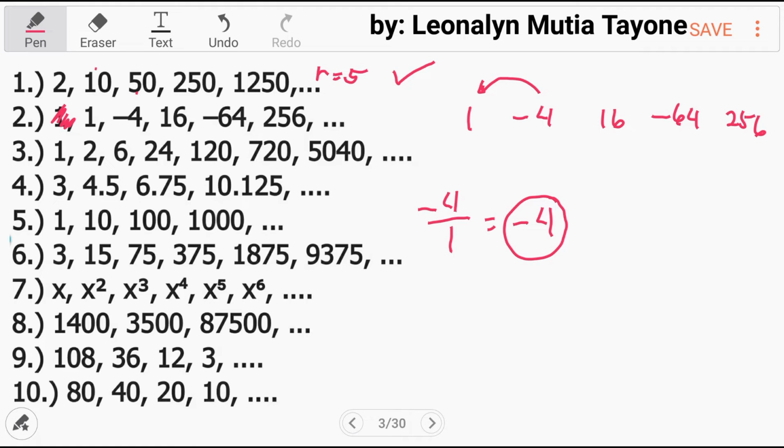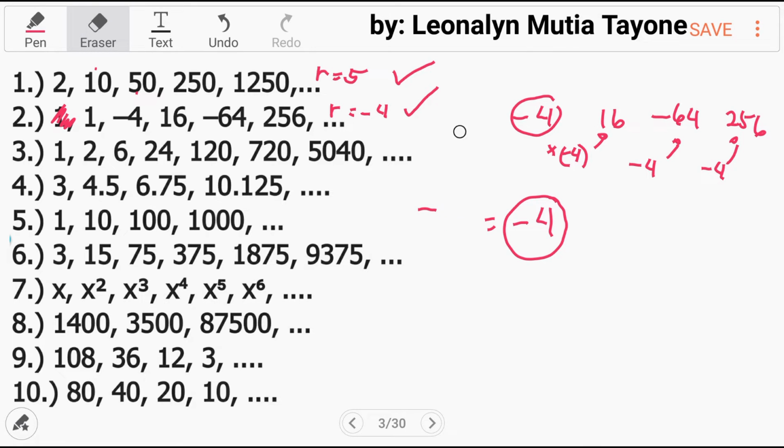Pero bago natin sabihin na common ratio siya, i-double check muna natin. Negative 4 times negative 4, that is positive 16. Positive 16 times negative 4, and that is negative 64. Negative 64 times negative 4, and that is positive 256. So, ang common ratio dito ay negative 4. And this is geometric sequence.